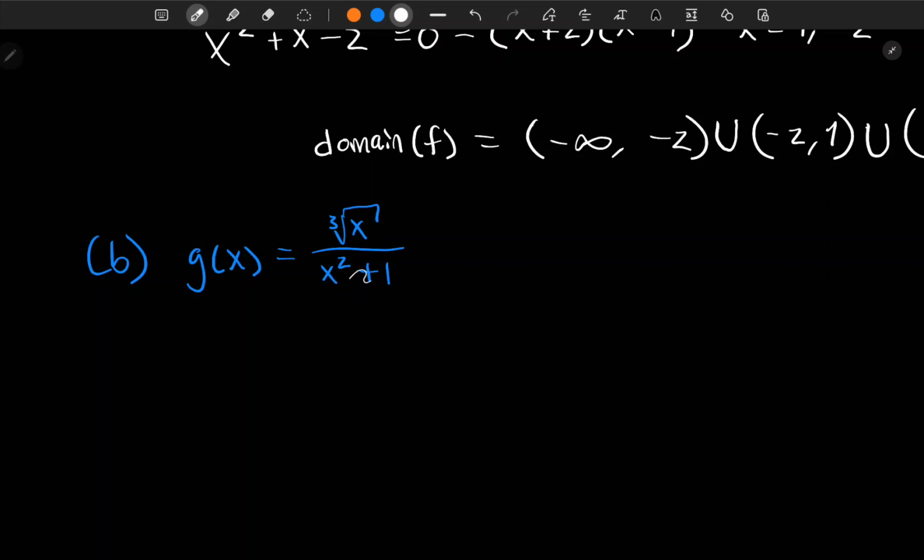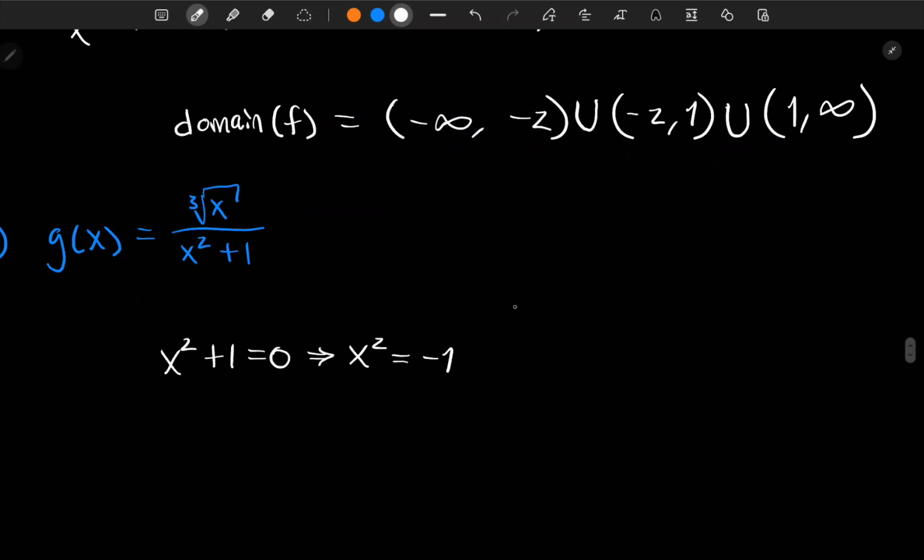And this here, x squared plus 1, well, if we wanted x squared plus 1 is equal to 0, this would mean that x squared is equal to negative 1, which would give us solutions of x is equal to plus or minus i, where i is the imaginary number.